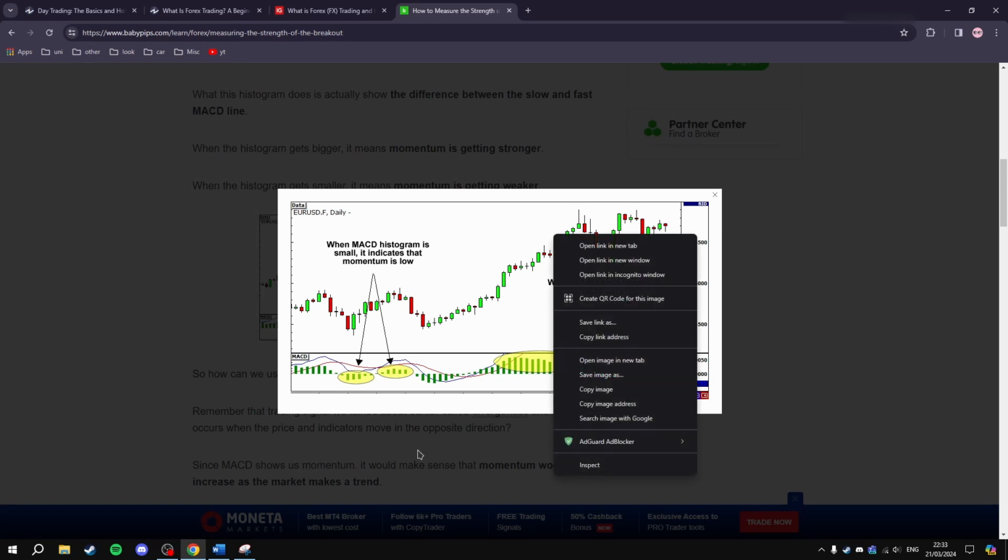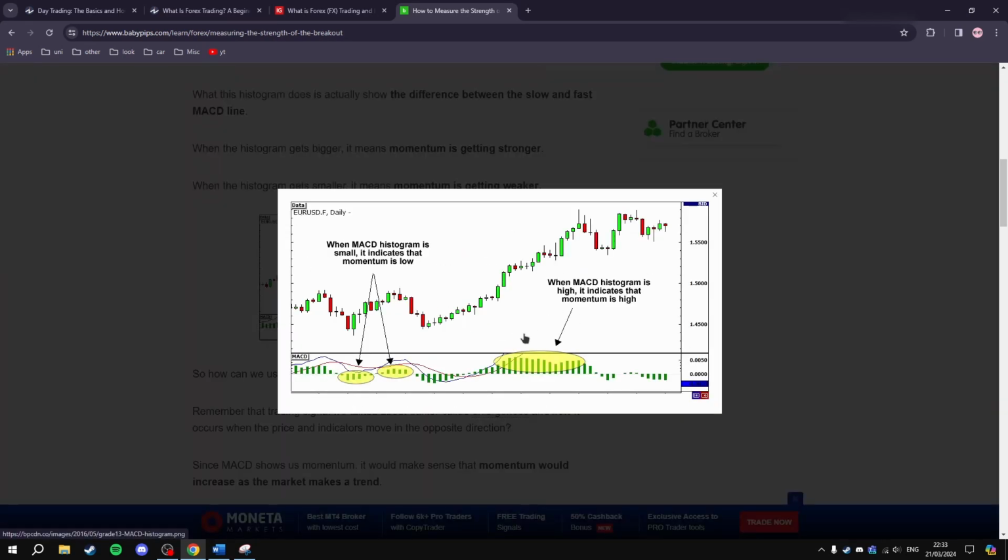I think that's what it means. We can also see here that the two lines cross above the zero line, signaling an uptrend, which it does show in the price action.